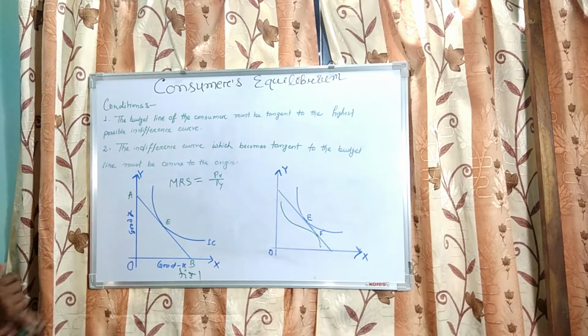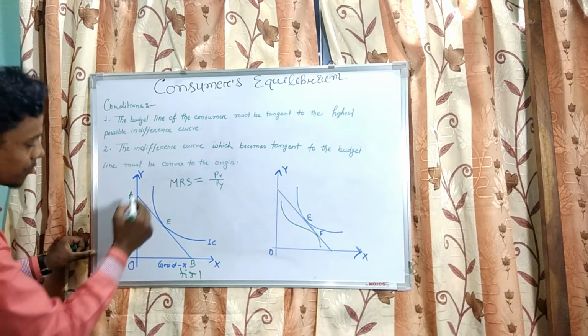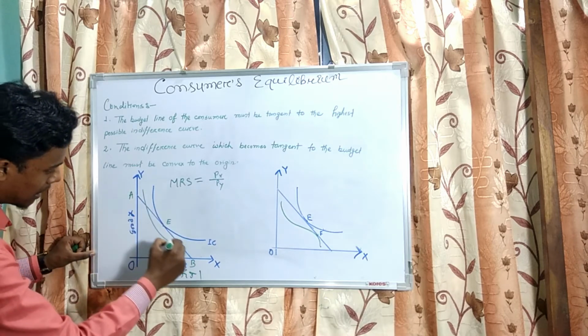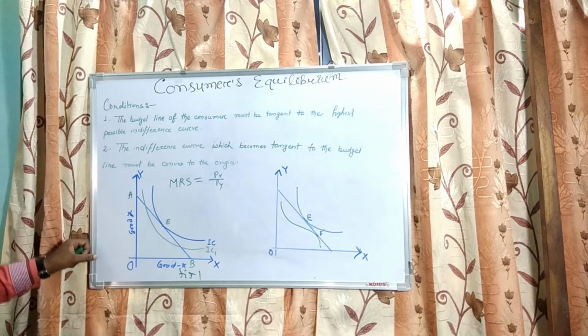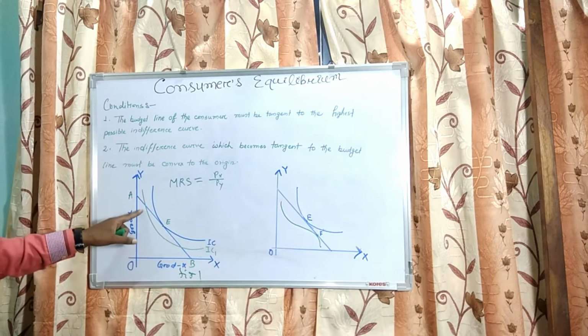So now if we draw another indifference curve, suppose that is IC1, on this curve we get two other points.